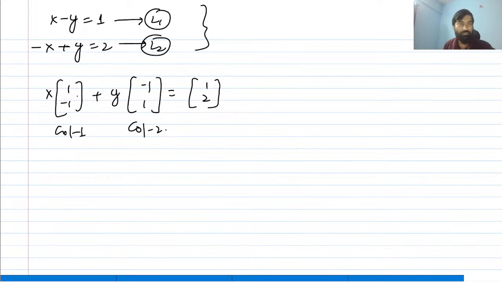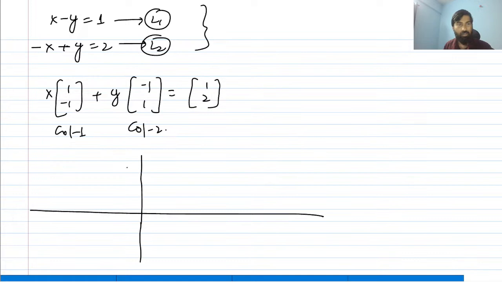Now plot this. (1, minus 1): 1 is here, minus 1 is here, so this is one vector. Now plot (minus 1, 1); you are multiplying this vector by minus 1, so it is exactly opposite.